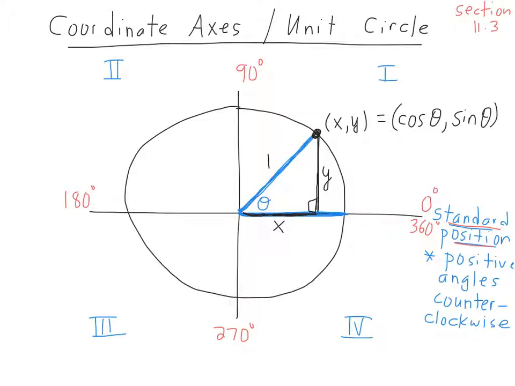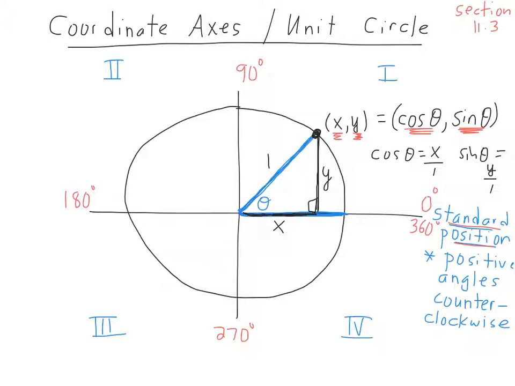If you're not quite seeing that, cosine of theta is equal to the adjacent over the hypotenuse. The sine of theta is equal to the opposite side over the hypotenuse. Since the hypotenuse is 1, x is represented by cosine of the angle, and y is the sine.